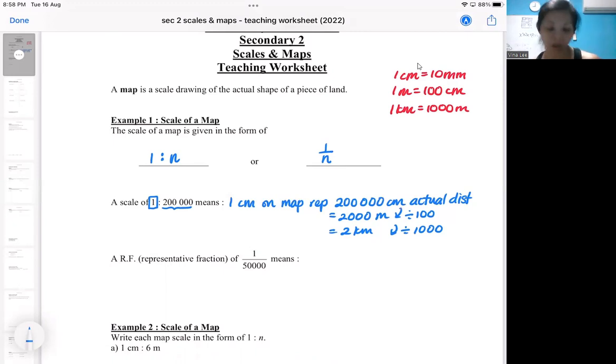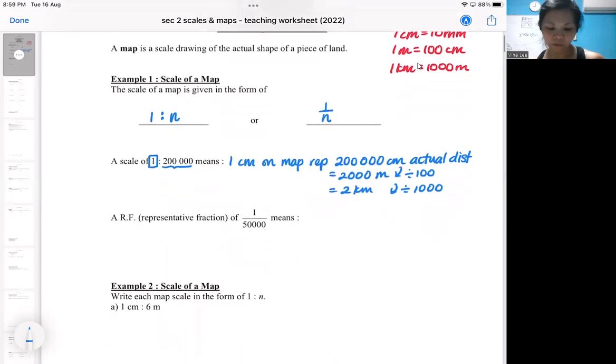The question can ask for the actual distance in meter or kilometer. Hence, it's very important that you be mindful about the units and write units in your working. The fraction format, the representative fraction, is actually the same thing. It means 1 centimeter on the map represents 50,000 centimeter actual distance.